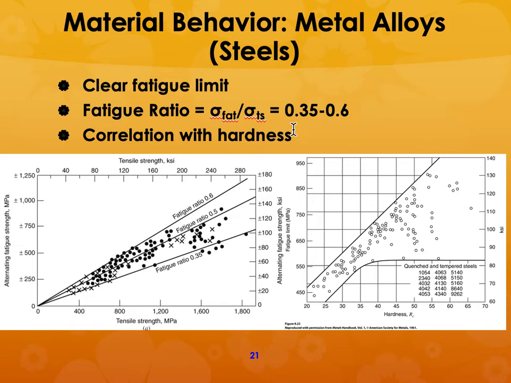If it is an FCC type of structure, or if you add, say, nickel or any kind of austenitic stabilizing elements, then you will find that it does not have a clear fatigue limit. And typically what you will find is that, especially for steels, the fatigue ratio is between 0.35 to 0.6, between fatigue stress to the tensile stress.